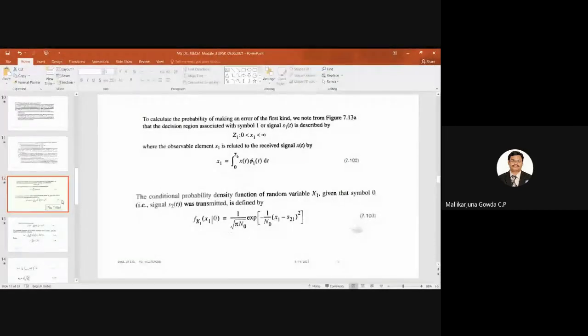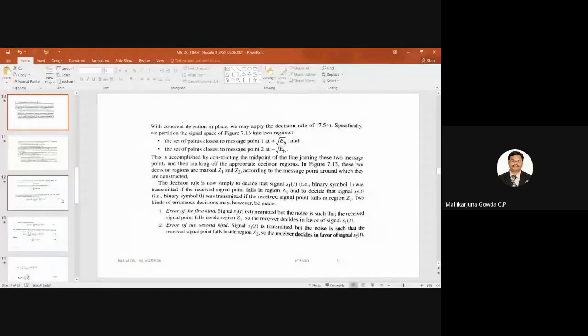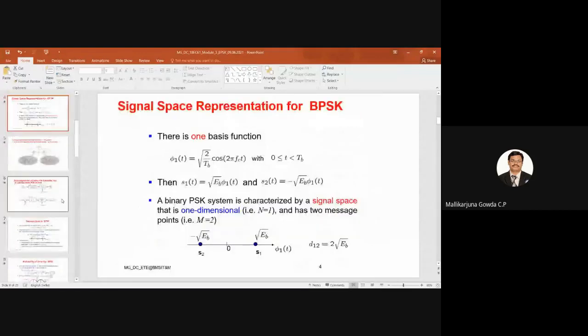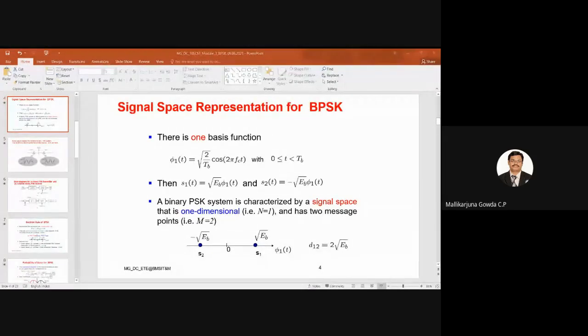Every time I will not be able to bring it back and say what it is. S11 into phi 1 of t. See, here it is shown in this slide. The value of root Eb is nothing but S11. So S1 of t is equal to S11 phi 1 of t, and S11 is plus root Eb.